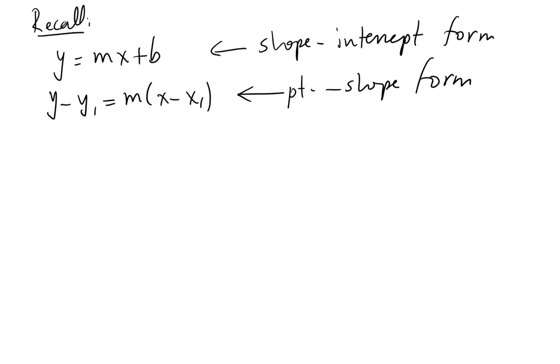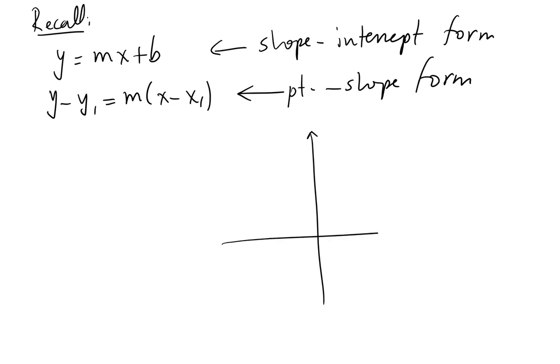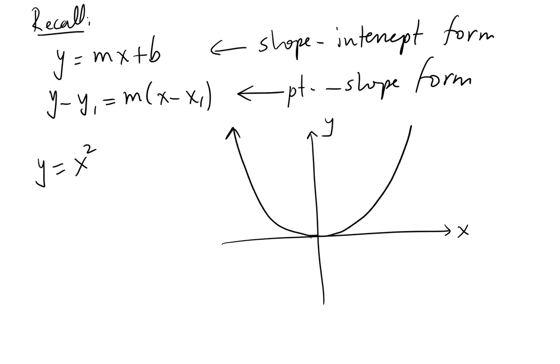So how do we do this? Let's take a function, y equals x squared. This is the graph of y equals x squared.